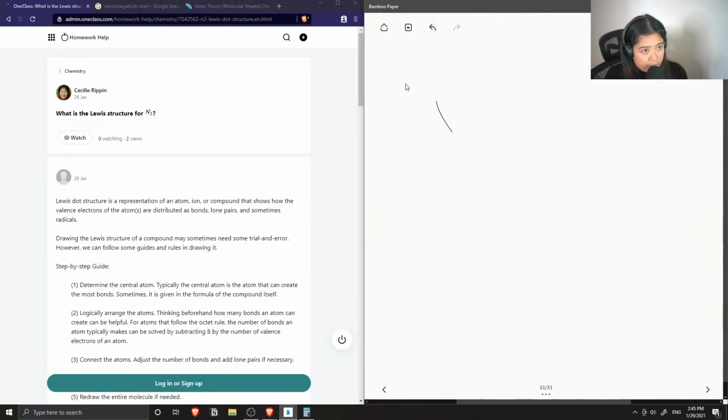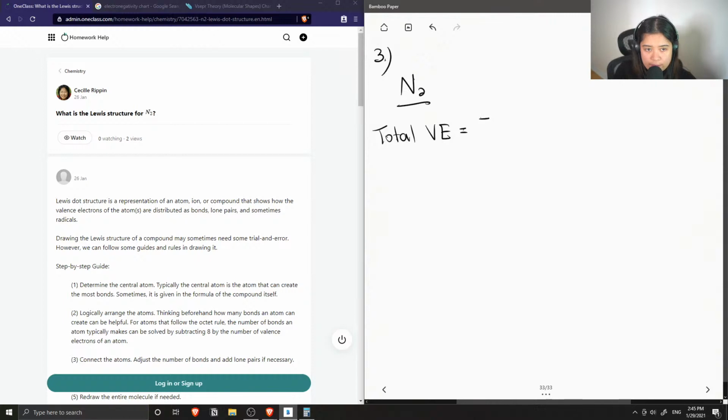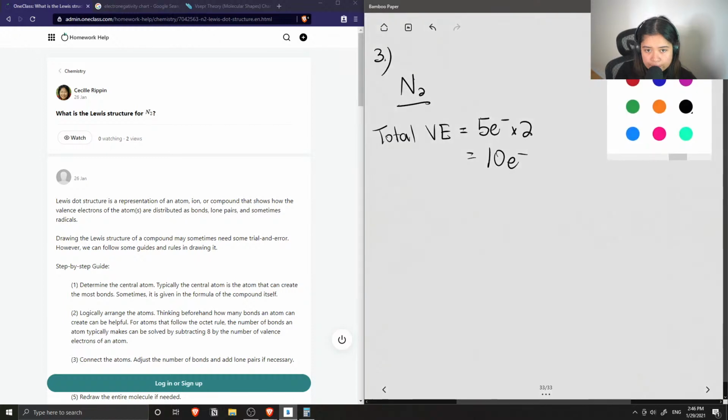Question number 3 is, what is the Lewis structure for N2, which is diatomic nitrogen? So to write out the Lewis structure, we need to find out the total number of valence electrons. So a nitrogen atom has 5 valence electrons, and we have 2 nitrogen atoms, so we multiply this by 2. So we have a total of 10 valence electrons.